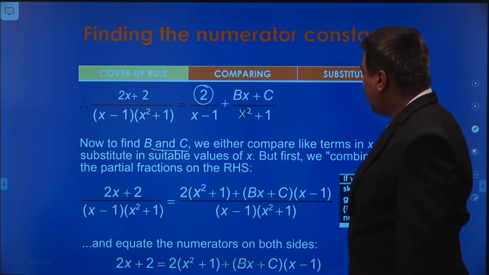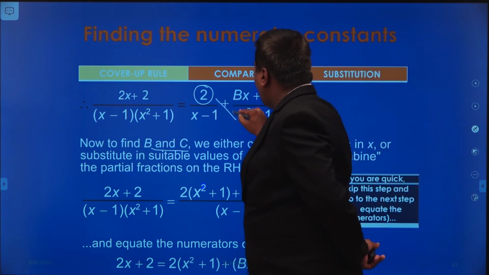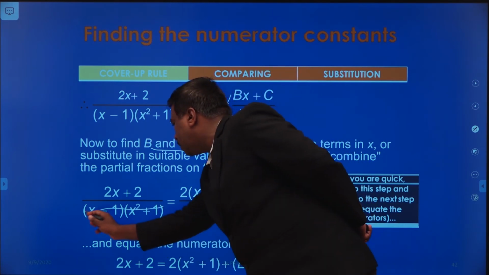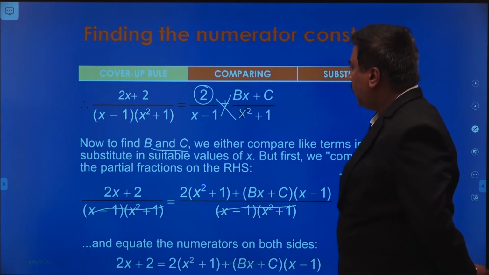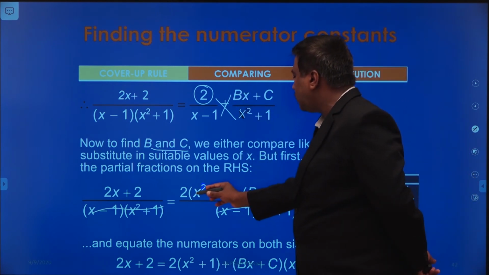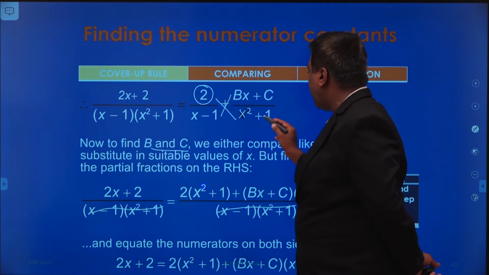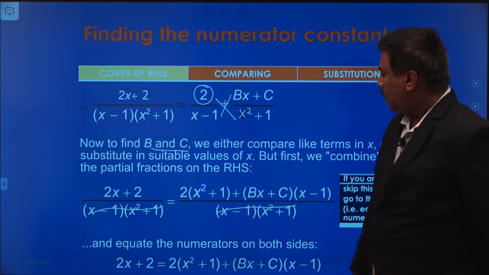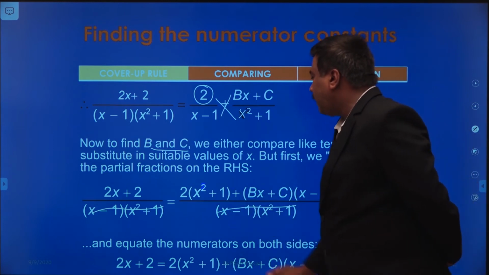Okay. So here, after taking the LCM, the denominators cancel. Then 2x plus 2 is equal to, cross multiplying these terms, 2 into x square plus 1 plus bx plus c into x minus 1. Now compare the equal and like terms.